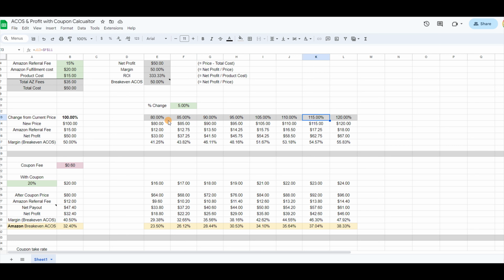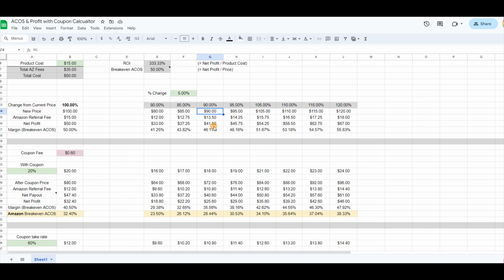By default it's 5%, meaning if your price is $100, this will show you the same numbers for every price point that's 5% higher and lower. So here, for example, this is 5% lower, so $95, $90, $85, $80, and we have 105, 110, 115, and 120. So this means if you priced your product at $90, what these numbers would look like.